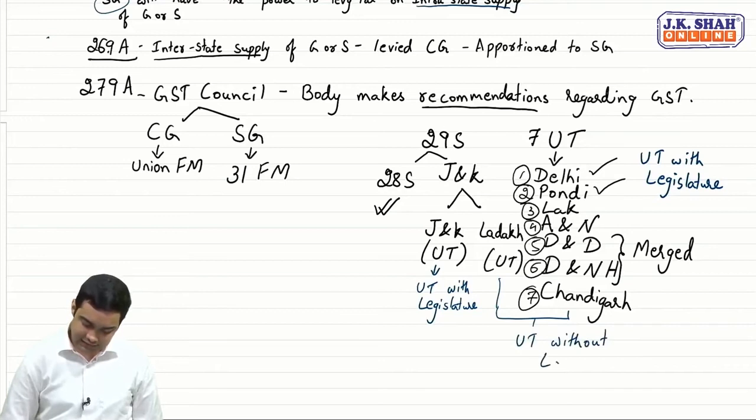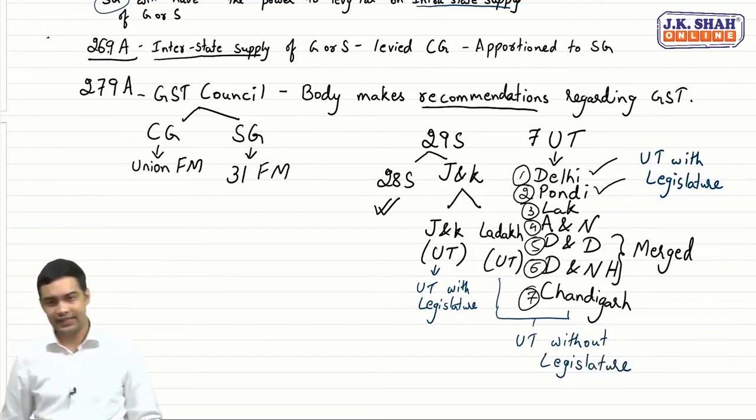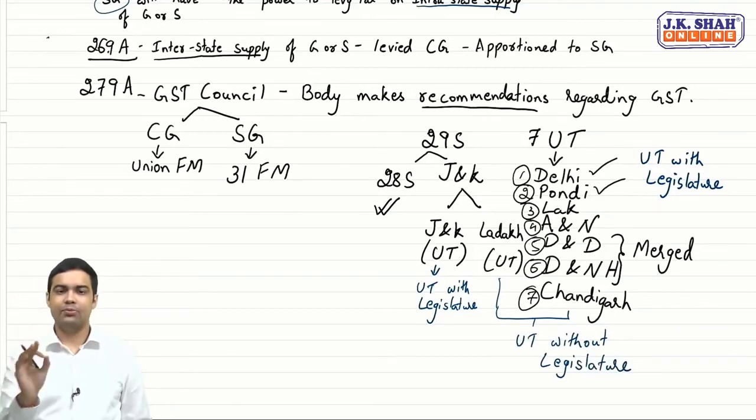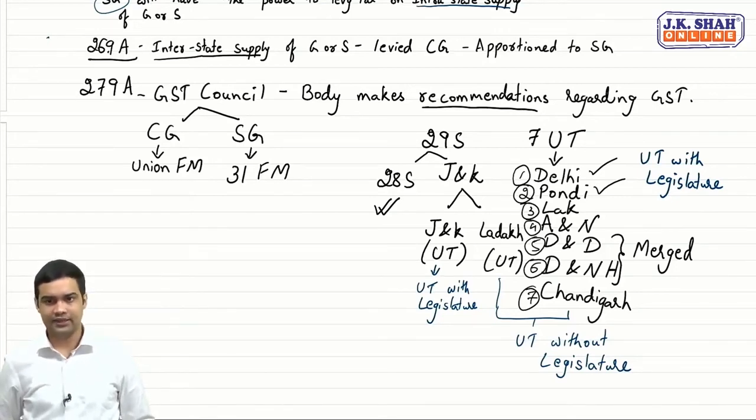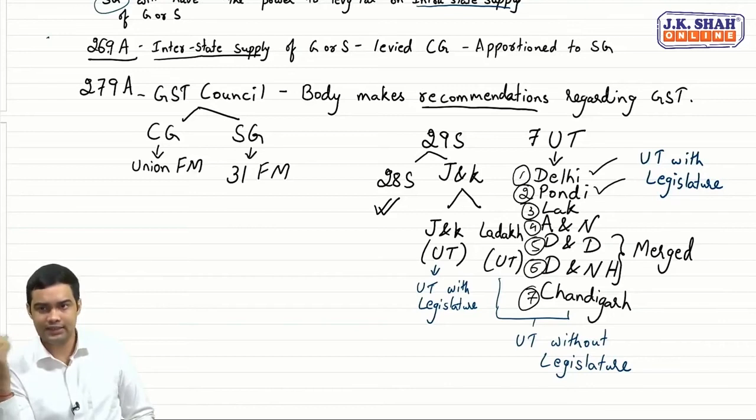When I say these are union territories without legislature, obviously there are no elections held. It is completely in the control of the central government, administered by the central government completely. The President is the head for these union territories. So, union territories with legislature, union territories without legislature.